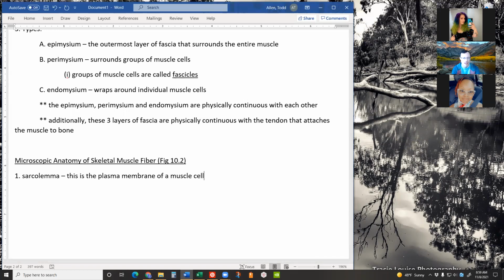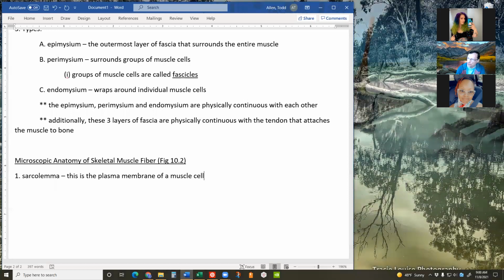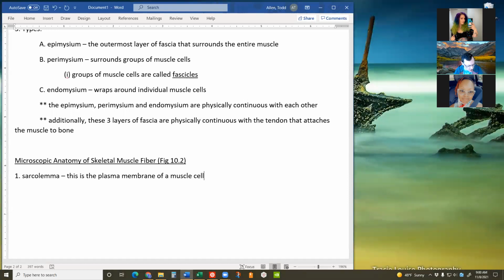Okay. Now, one thing that might be occurring to you, because I know it occurred to me when I was first introduced to this, you get to a point with all this stuff that you think, okay, so sarcolemma is the plasma membrane of this cell. Why can't I just refer to it as a plasma membrane? Why do I have to use the word sarcolemma? Well, it's a valid question and a valid point. The reality of it is, as you get more sophisticated in your background, you're going to use very precise terminology for specific pieces of anatomy.